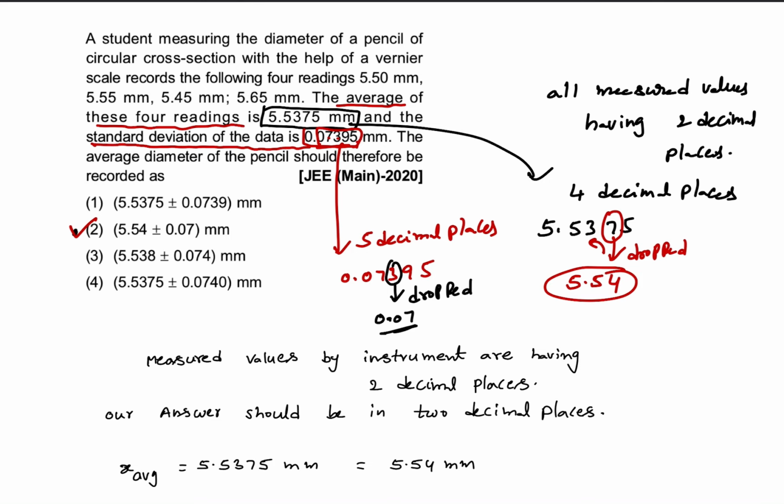Now you can ask, I have given only the error. Absolute error can be found by two methods: one is the average method, the second is the standard deviation method. But 5.5375 is not the error. Understand that 5.5375 is the true value.